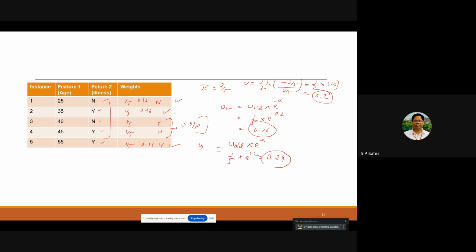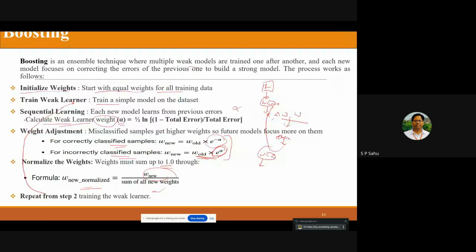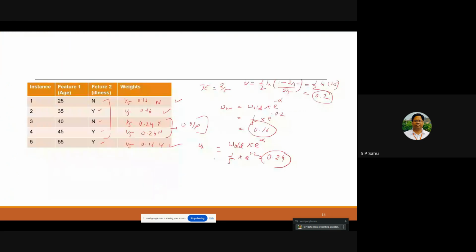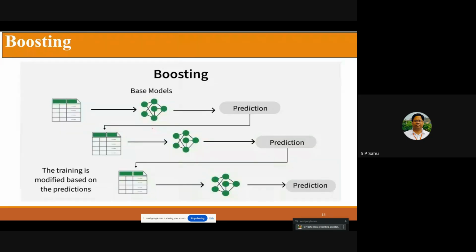So for incorrect data, the weight will be 0.24. By this way, based on this algorithm, the weights for incorrectly classified samples are boosted. For correctly classified samples, the new updated weight will be 0.16, and for incorrect classification, we'll have a weight of 0.24.